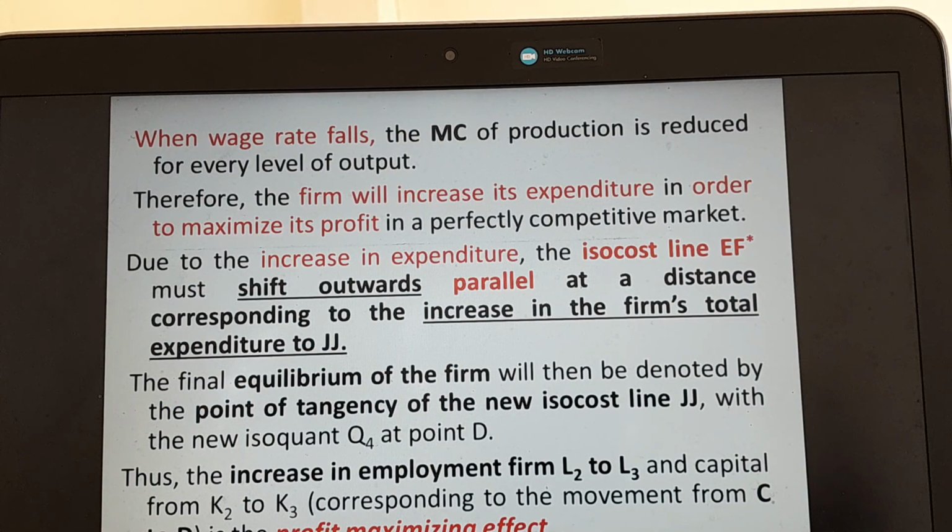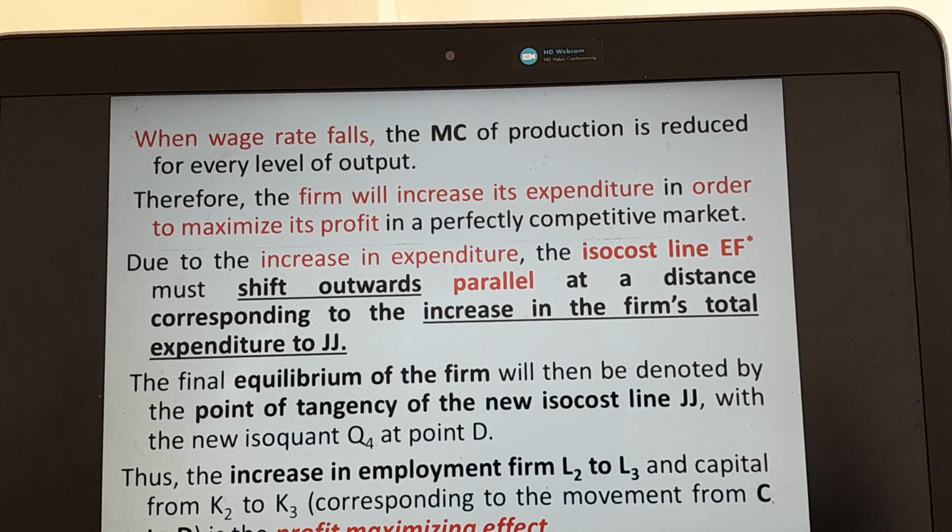When the wage rate falls, the marginal cost of production is reduced for every level of output. Therefore, the firm will increase its expenditure in order to maximize its profit in a perfectly competitive market. Due to the increase in expenditure, the isocost line EF star must shift outwards parallel at a distance corresponding to the increase in the firm's total expenditure to JJ.